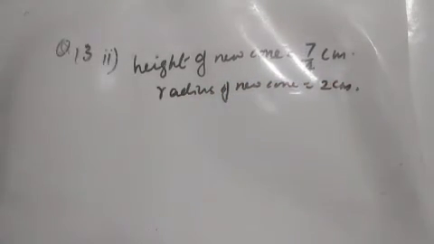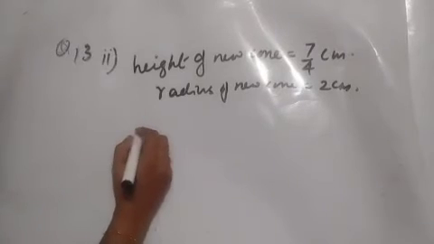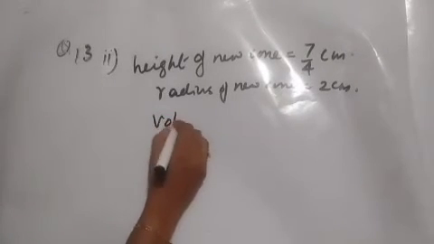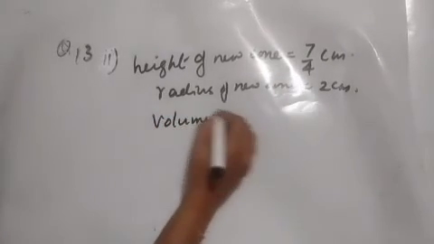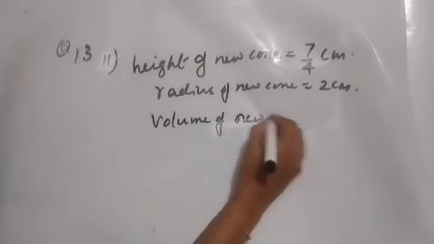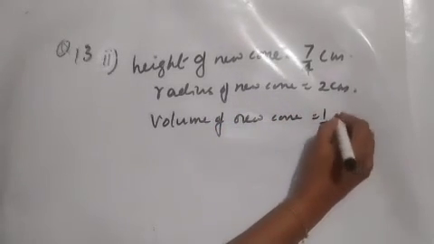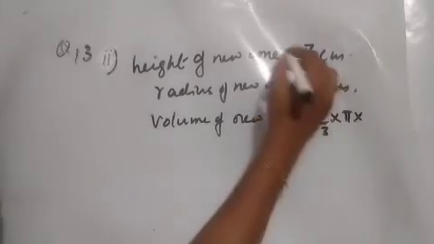When the previous cone is replaced by this cone, you want to find the drop in the water level. So how can we find the volume of the new cone? Volume of new cone is 1 by 3 into pi into r square h.